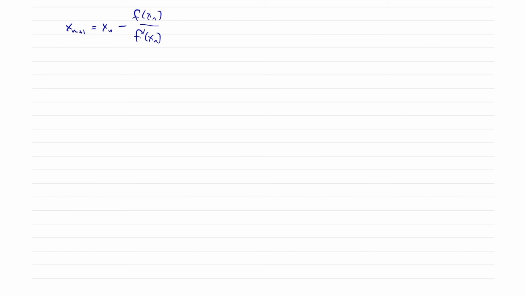But let's go ahead and talk about the convergence of this. And so what do I mean when I talk about convergence? Well, I'm trying to bound the difference x_{n+1} minus alpha. And so let's just do a sketch and see what this entails. If I expand x_{n+1}, that becomes x_n minus alpha minus f of x_n divided by f prime of x_n.